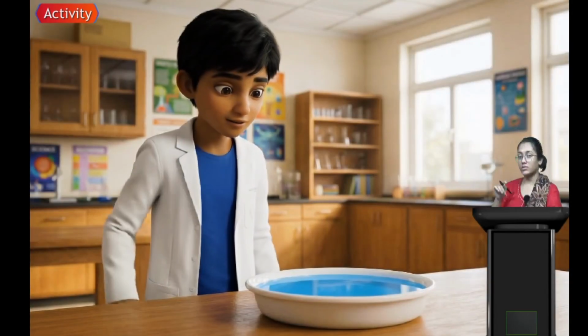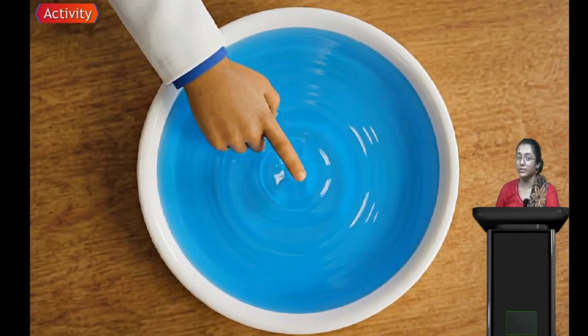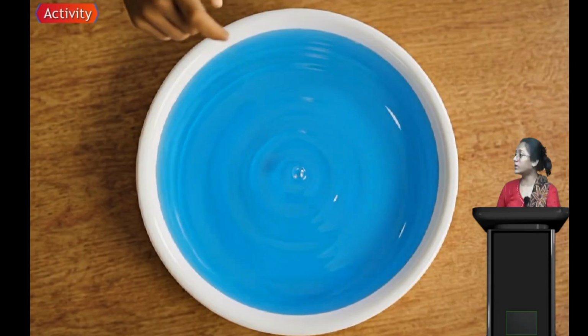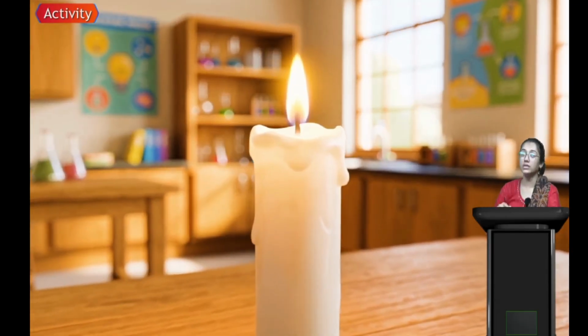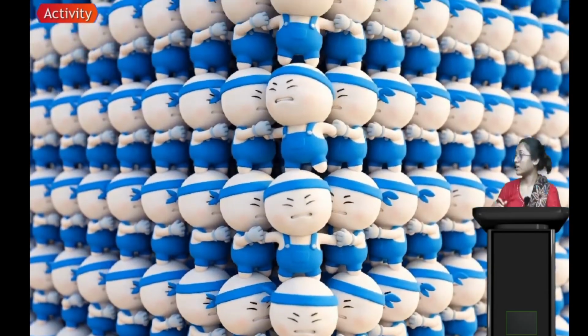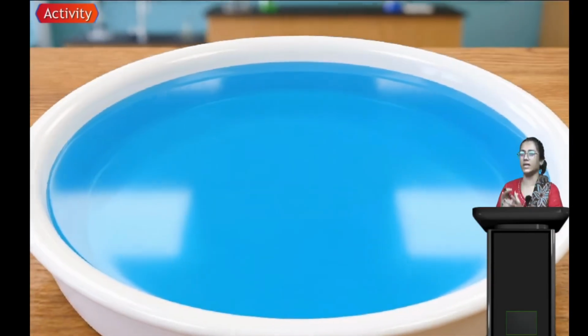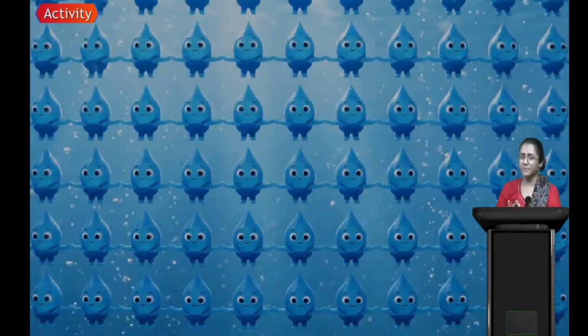But when he tries to enter his finger into the candle, he is unable to do that, isn't it? In the case of water he is easily able to dip his finger into it. Why does this happen? Because in solids, the particles are very closely arranged and there is no space present in between.